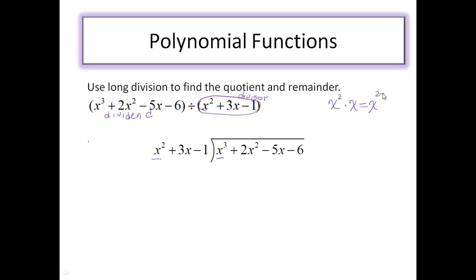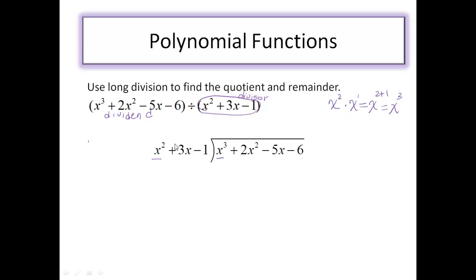So I would add 2 plus 1 because this exponent here is 1. So when you multiply x squared times x to the first power, you get x to the 2 plus 1, which is equal to x cubed. So you add exponents when the bases are equal.